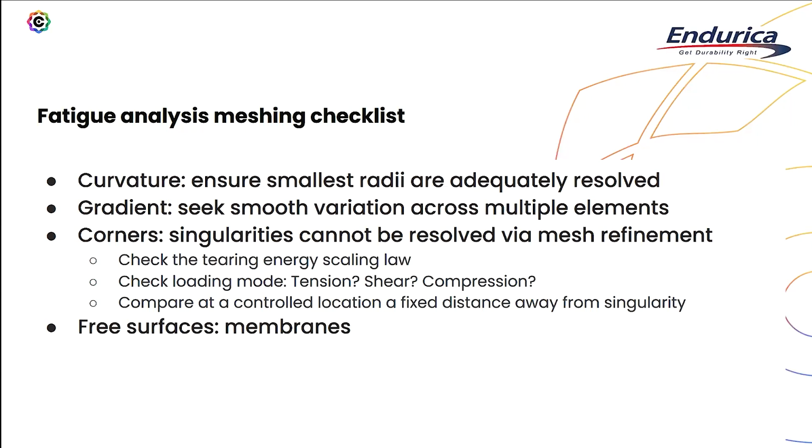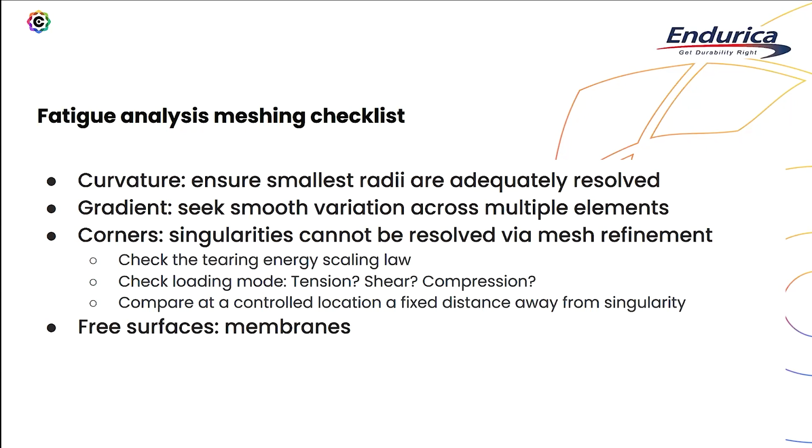First of all, with regard to places on the part where you've got large curvature or small radii features, when you're doing the meshing, you want to make sure that those smallest radii are adequately resolved. That's a matter of using the tips and tricks that Greg showed, to make sure that you've got enough discretization to accurately capture those results.